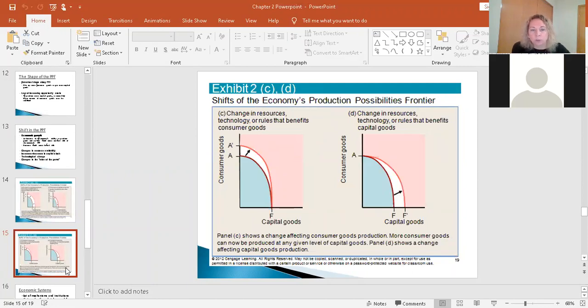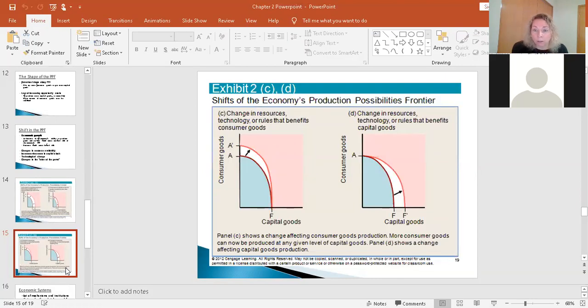that it is much more realistic when a PPF shifts that it will do it more in favor of one good than another. And that makes sense because the chances that we're going to see a change in a resource supply that's going to equally impact the production of both types of goods isn't really good.